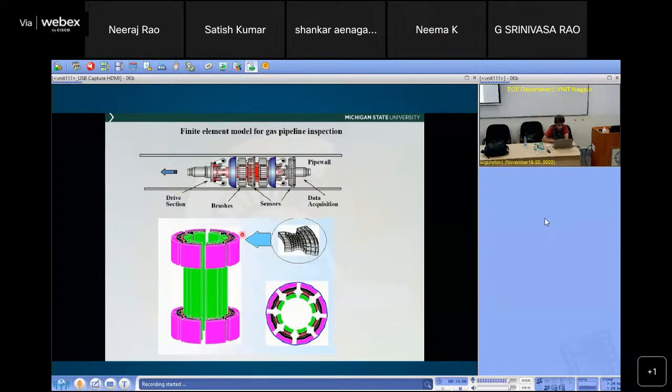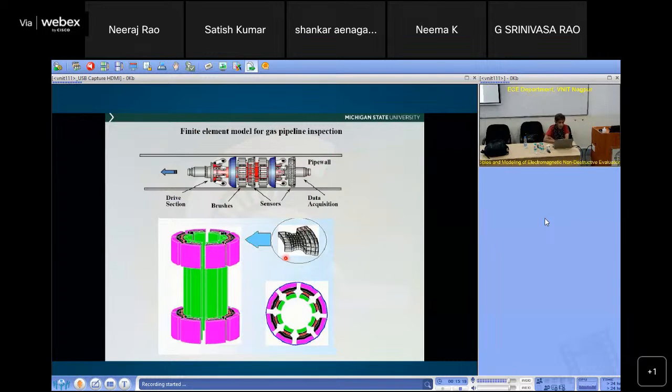One example is, we did some modeling for pipeline inspection. So basically, this is the pipe wall. We are looking for defects in the pipe wall. And in this inspection system, you have a permanent magnet, you have brushes, you have pole pieces.